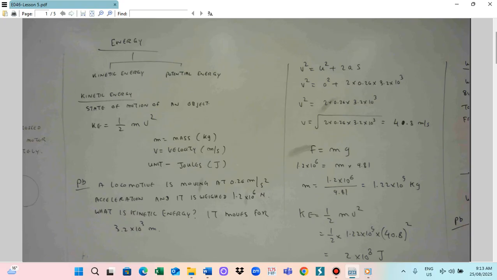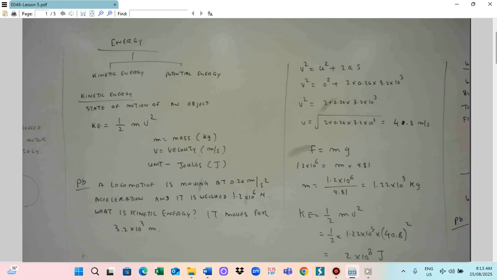So v square is 2 into 0.26 multiplied by 3.2 into 10 power 3. So v is the square root of 2 into 0.26 multiplied by 3.2 into 10 power 3. So the velocity will be 40.8 meter per second.